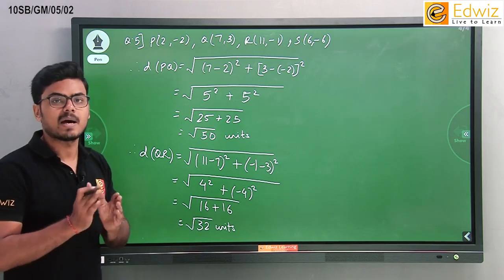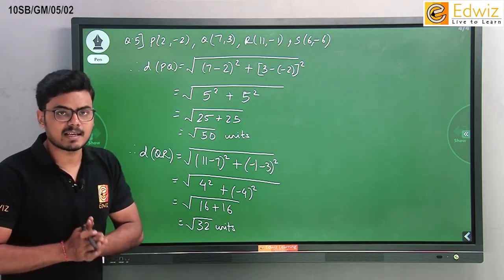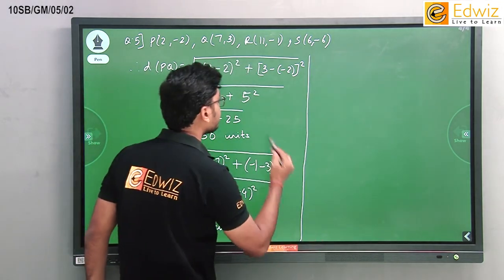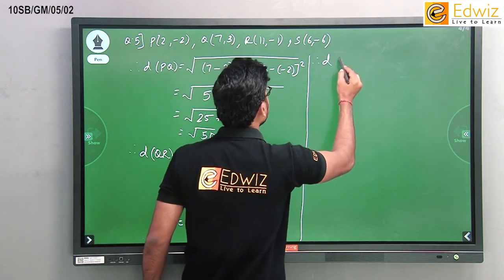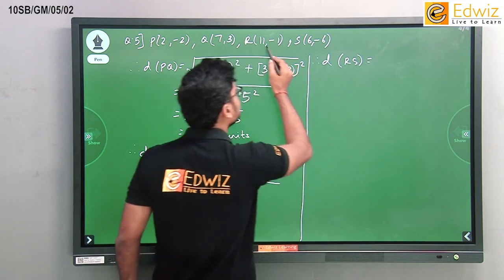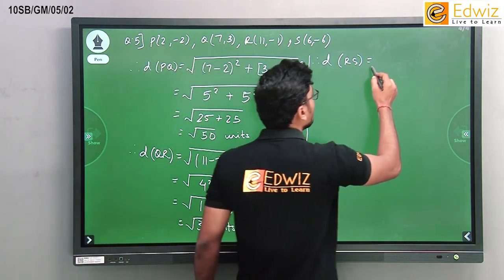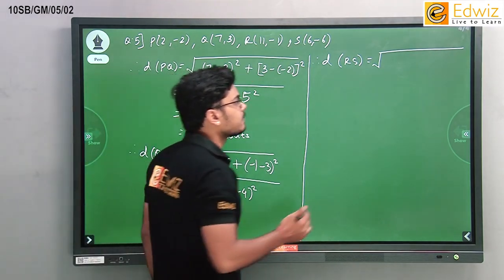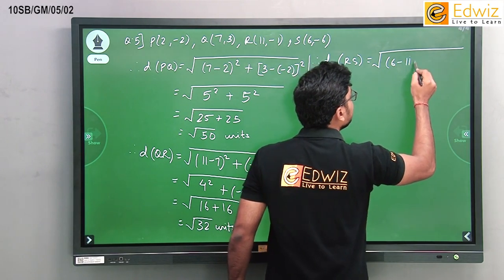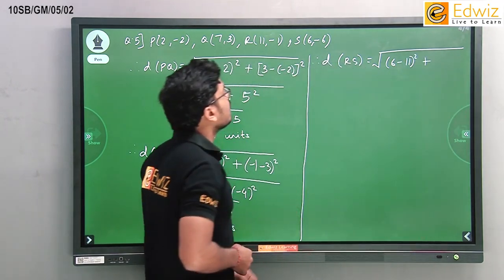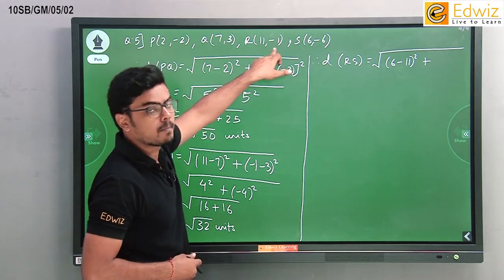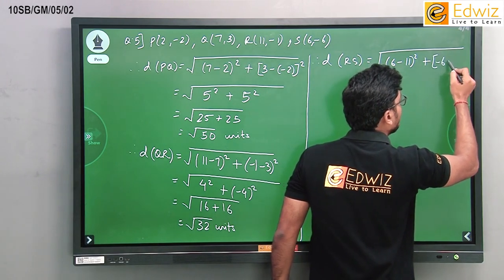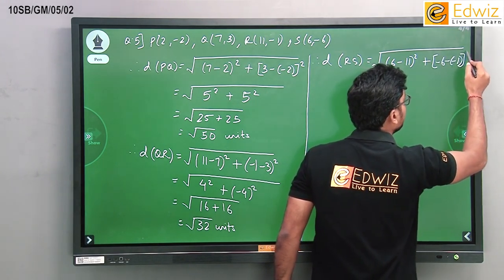That means the parallel sides will then be equal. Correct. So if that comes out, then we can say it is a parallelogram. So let us go to the next distance, distance RS. Distance RS will be equal to the square root of, this time x2 minus x1 is 6 minus 11, 6 minus 11 the whole square plus y2 minus y1 will be minus 6 minus minus 1, 2 negatives. So minus 6 minus minus 1 the whole square.